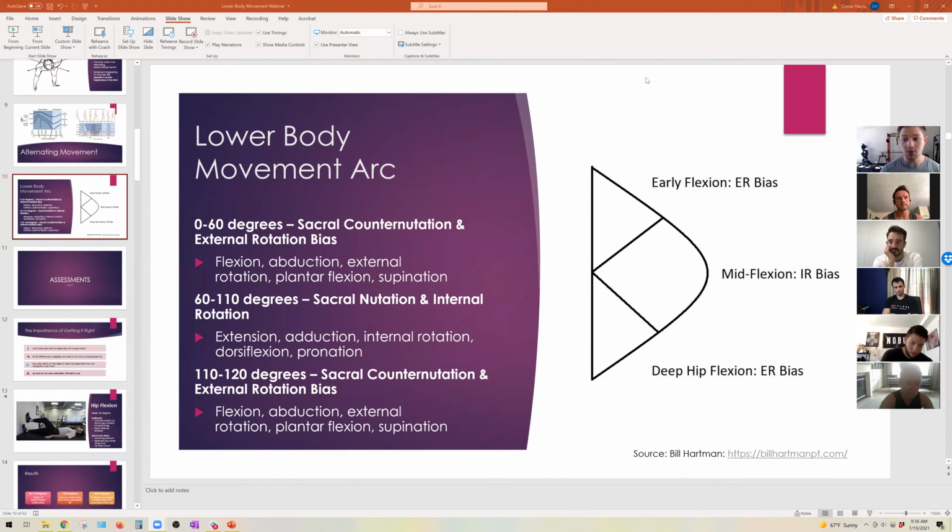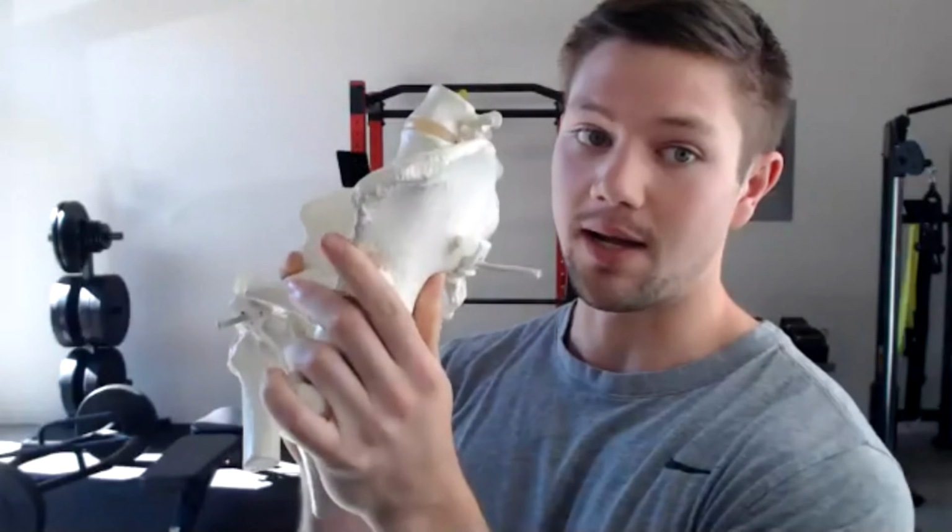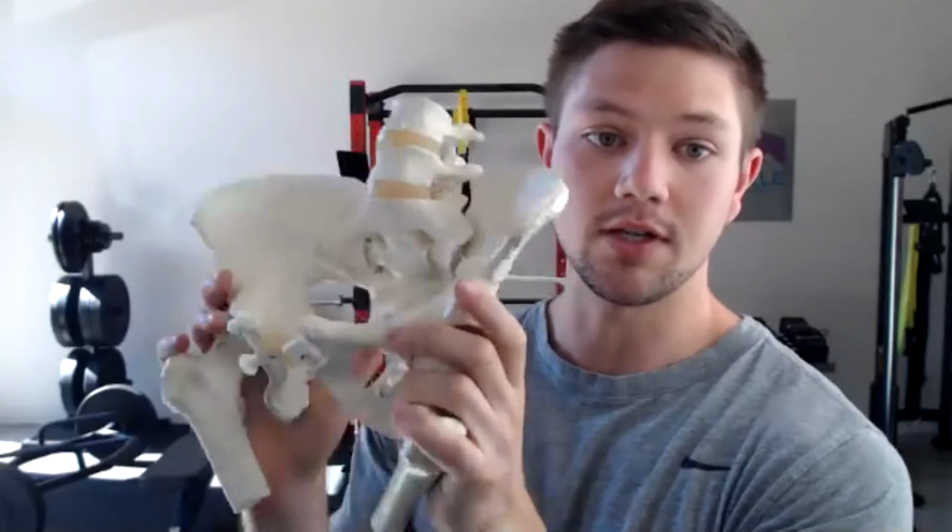And that's because you're moving more towards external rotation and plantar flexion. So to an extent, you do need dorsiflexion to squat, but I think it's often the common culprit and labeled as the culprit too often, because if you could create this motion of your pelvis and then be able to get counter nutation, then you wouldn't need a whole lot more dorsiflexion. It's helpful, sure. And that's why people see good results with it.